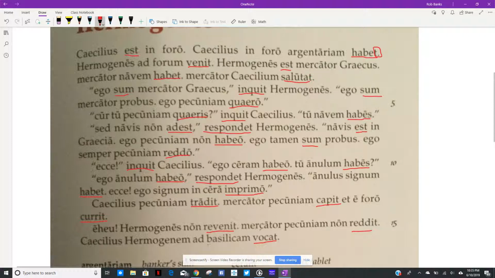You may have heard basilica in Christianity as a reference to a certain type of church that became popular after the 4th century. But at this time, it refers to a courthouse. So basilica here is a courthouse, not a church. Also, the thing about the ring and the wax: if you didn't know, it's an ancient way of signing a document.